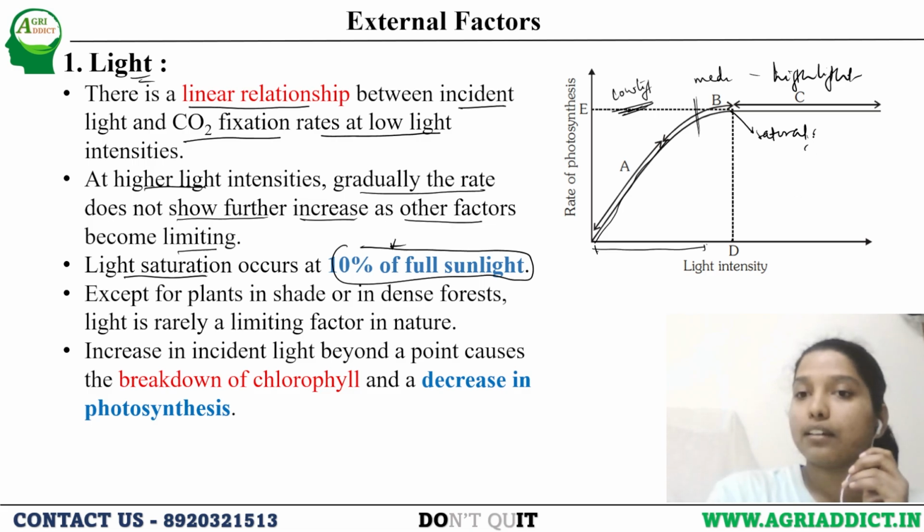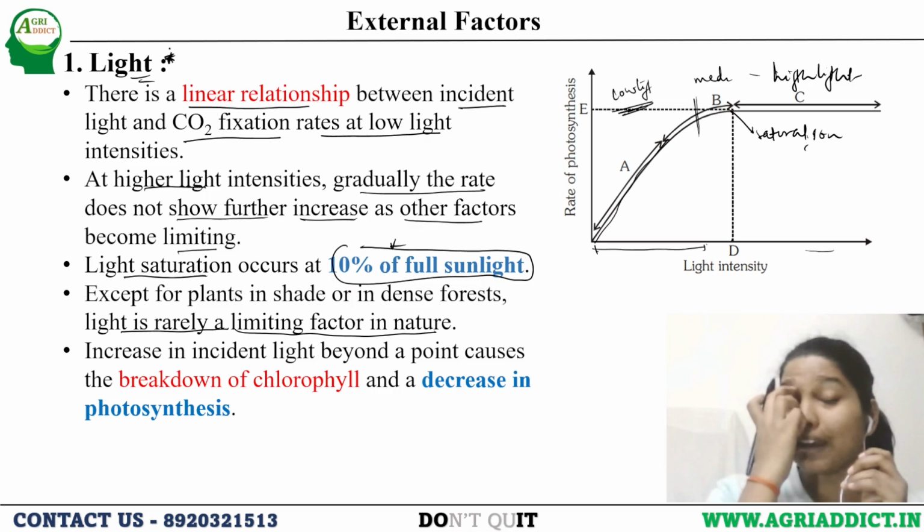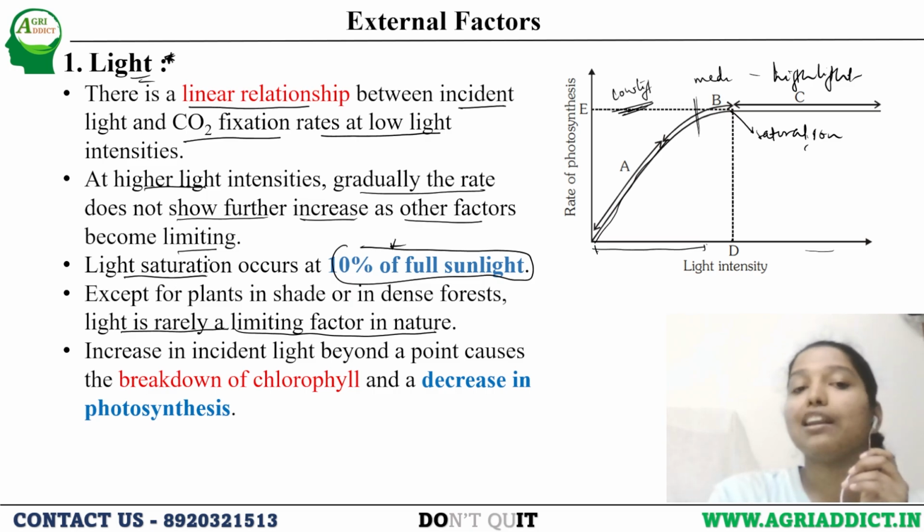Beyond that, if we increase the light intensity, the rate of photosynthesis does not increase, it becomes constant. Except for plants in the shade or in dense forest, light is rarely a limiting factor. So generally light is not a limiting factor for plants, but it is an external factor which can influence them.